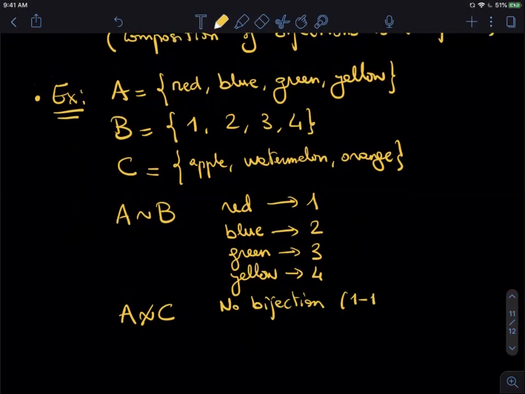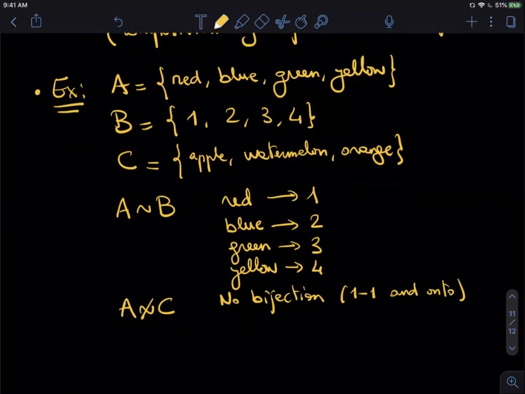Remember, a bijection has to be 1 to 1 and onto. In this case, because we have 4 elements and then 3, it may be onto but not 1 to 1. So it won't work. And then again, it's clear that B is also not equivalent to C for the same reason.